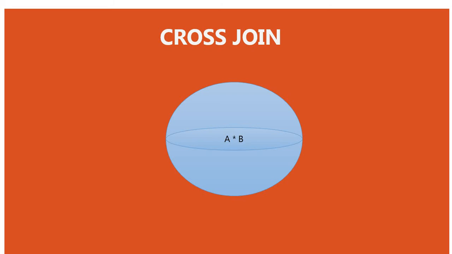I mean, no ON field is required based on which we are joining. No joining condition is required. Cross join is simply a Cartesian join between more than one table. So let's see how to write the query and its implementation methodology.